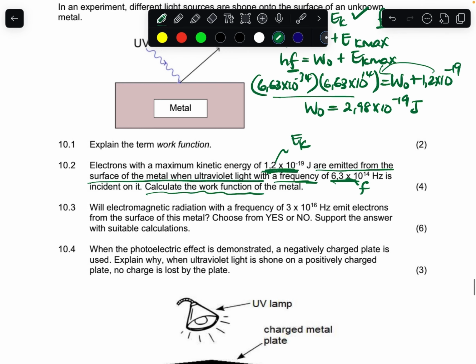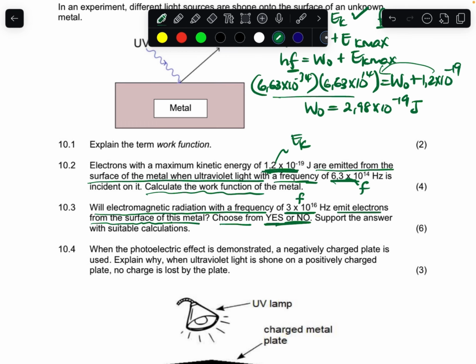It's as simple as that. Now it says, will electromagnetic radiation with a frequency of this, the frequency of the other light, emit electrons from the surface of this metal? Choose. So what do we need to do first? The answer is yes or no, but you have to calculate first before you can conclude.